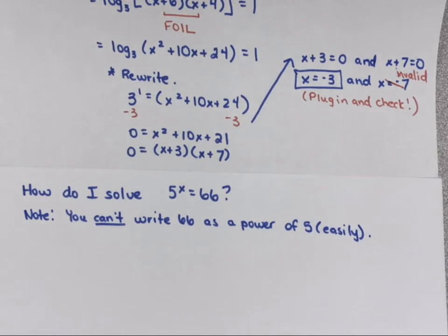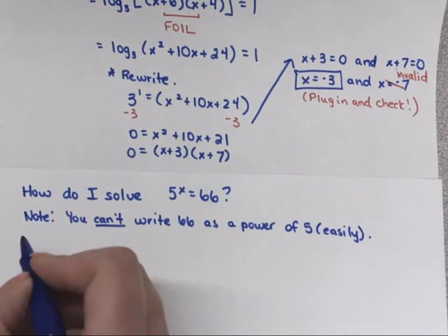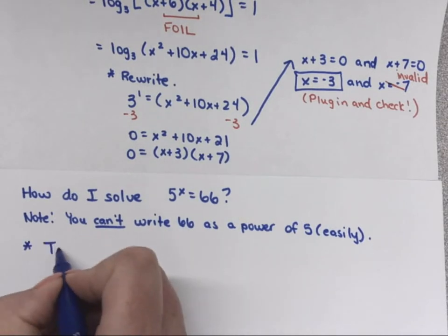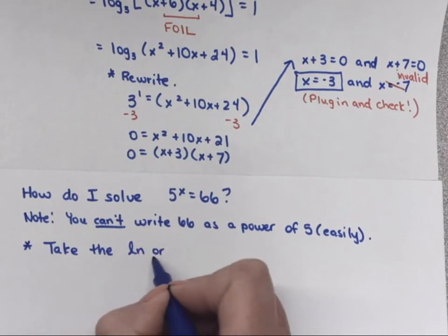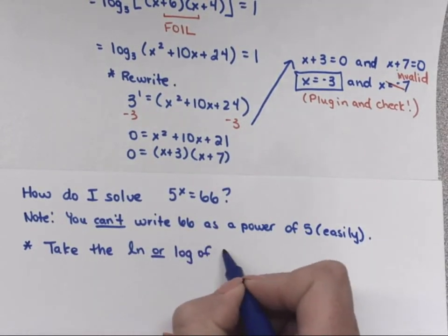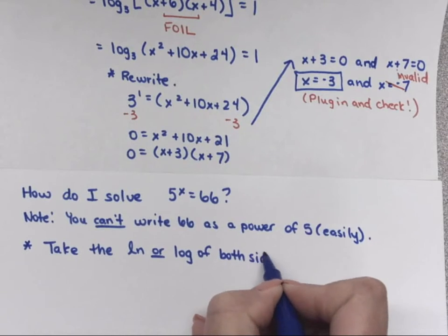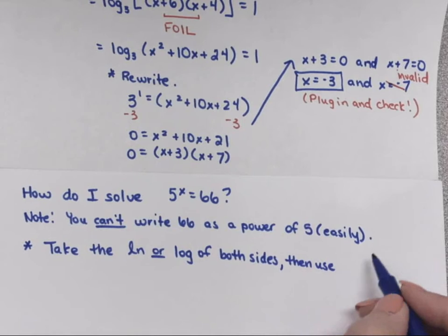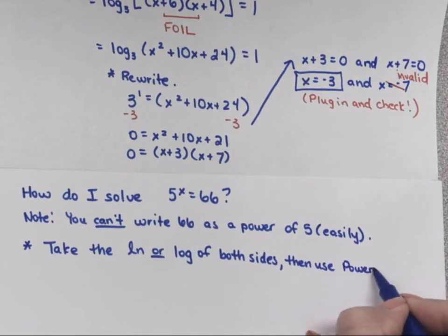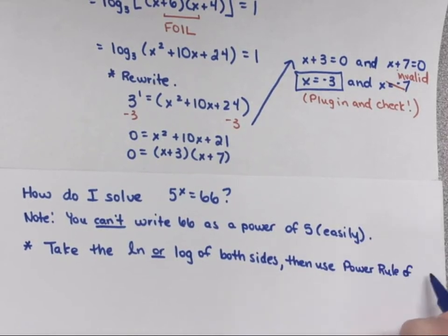So how do I solve when we can't do what we did a couple class times ago, which was get both bases the same, and then if the bases were the same, the exponents were the same? Well, we're going to use the power of logarithms. We're going to take either the natural log or the log of both sides, and then use the power rule of logarithms.